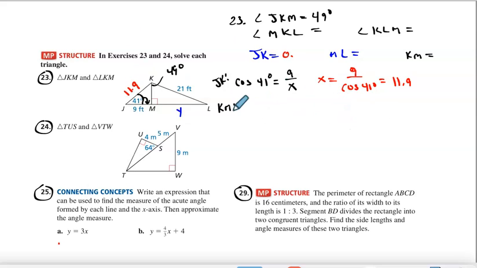11.9 is my hypotenuse, not my leg, so when I do a squared plus b squared equals c squared, to solve for one of these, let's just say I'm solving for a, this is going to be the square root of c squared, I bring over my b squared, and then take the square root of both sides.